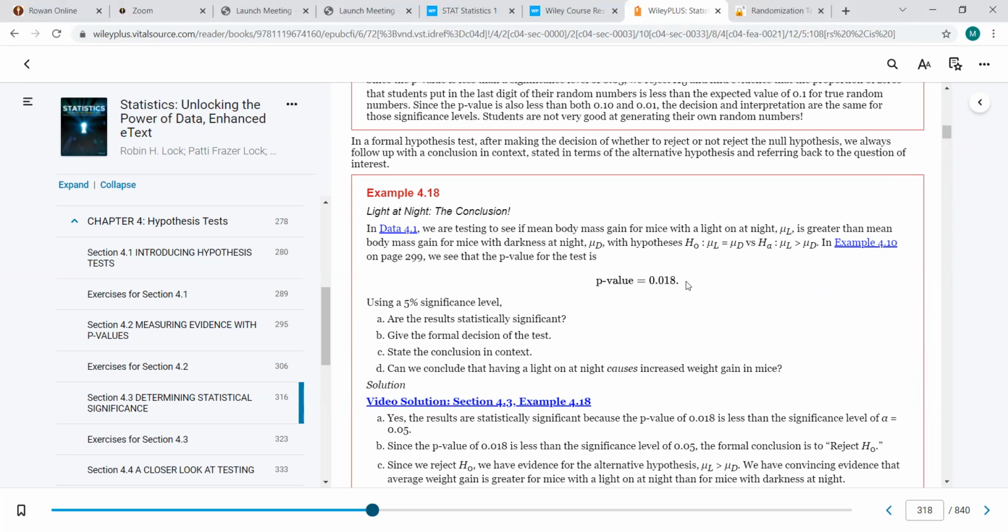If the p-value is 0.018, and alpha is 1%, do we reject or not reject the null hypothesis? Is 0.018 bigger or smaller than 0.01?